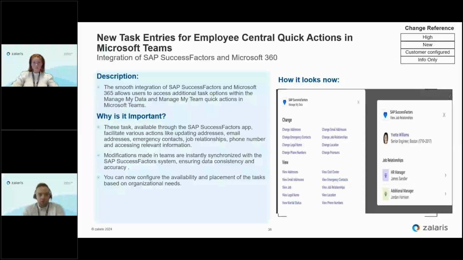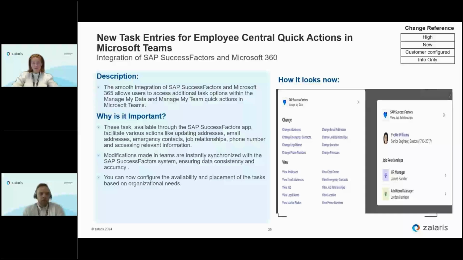We see some of them highlighted here and also listed on the left, so we'll just go through a couple of them. Updating addresses, email addresses, excuse me, emergency contacts, job relationships, phone number, and other relevant information is now available to the manager and employee as well at a quick glance through these new quick actions.